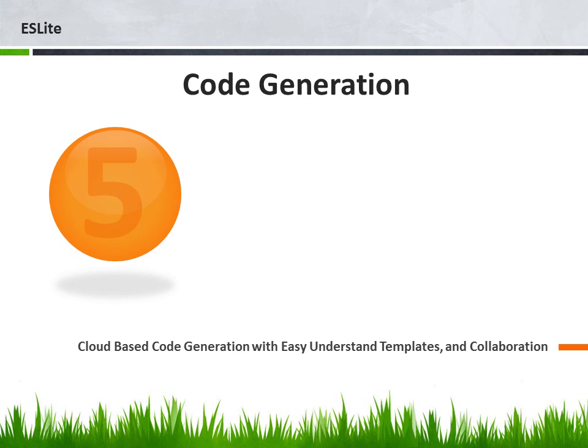Code generation, this is one of the big changes. Code generation for EntitySpaces was always difficult. Of course, it wasn't accessible to the customers because it was compiled in the user interface and assemblies, and they were pretty complicated to look at. But what we'll do now is we'll collaborate. We'll write the templates together. And how do we do that?